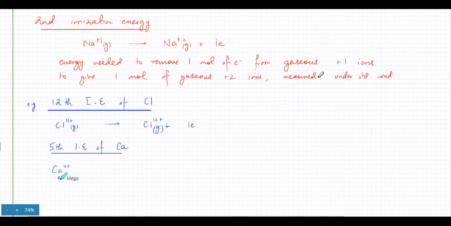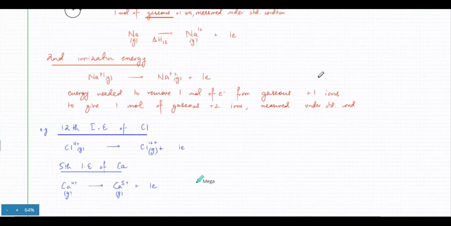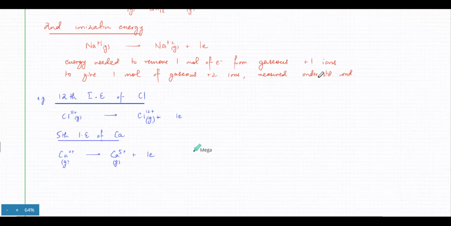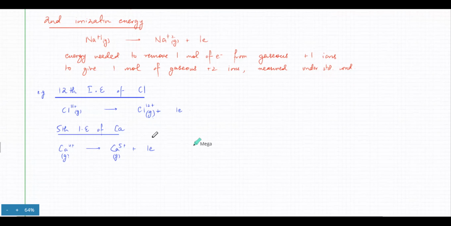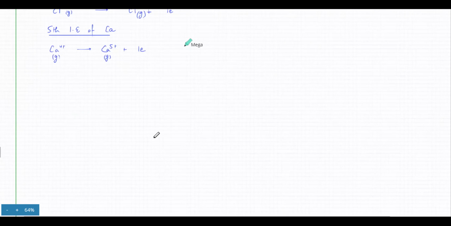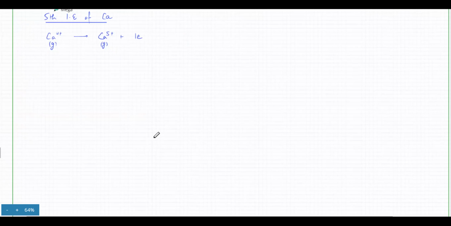So calcium 4 plus gaseous, and now you're trying to remove the 5th electron. So it's going to be calcium 5 plus, also gaseous. So 1 more electron is lost. So you could be asked to write different ionization energies of different elements, and you'll be asked to write equations for them. Now, moving on to the factors that affect ionization energies.